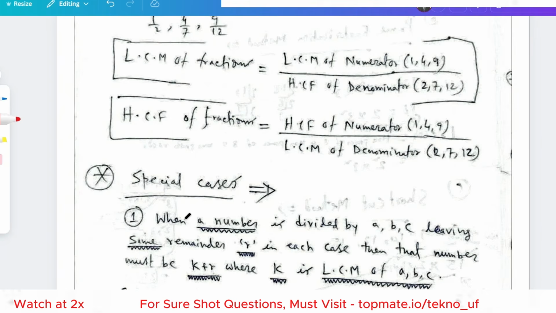Now this is the most important part I am going to tell, because from this you will get at least two questions in your exams. You have to know a few special cases.